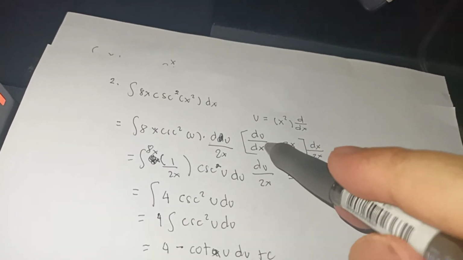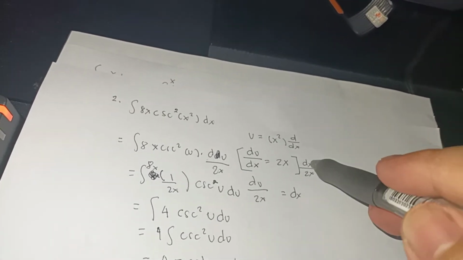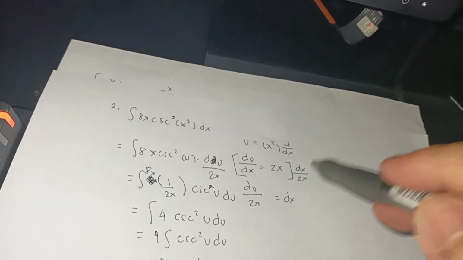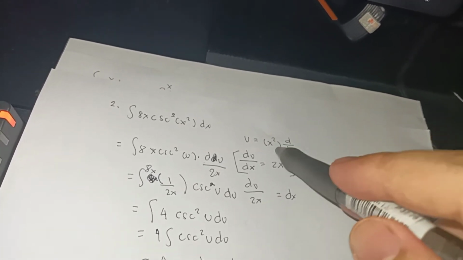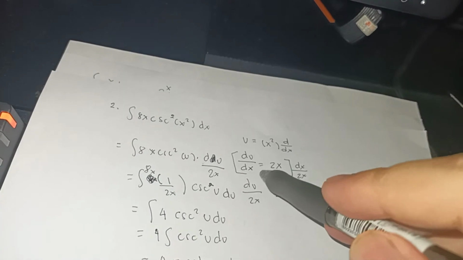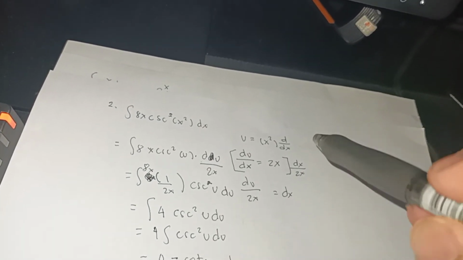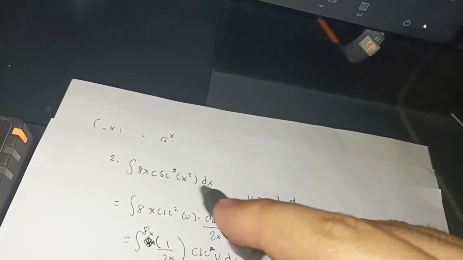Since we want dx, we multiply by dx, and to cancel the 2x we divide by 2x, making the final answer du over 2x equals dx.